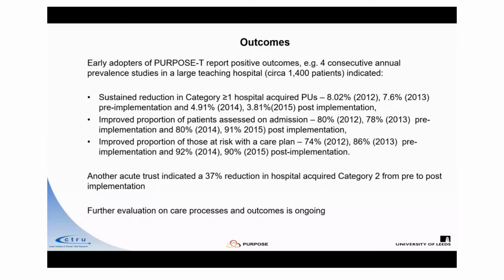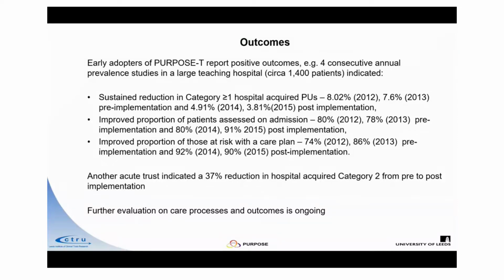They found a sustained reduction in category 1 pressure ulcers. But I always add a note of caution here, because most places have done a lot of different educational activities and integrated into their electronic systems. So it's difficult to pick out which bits have been really important in that implementation process.